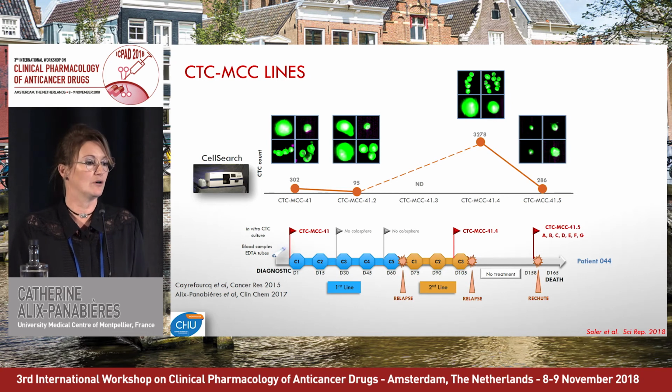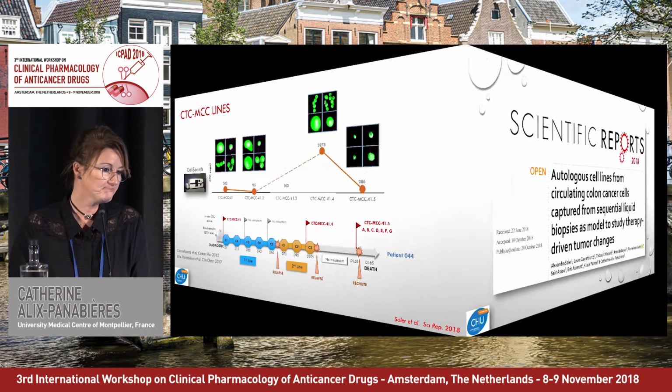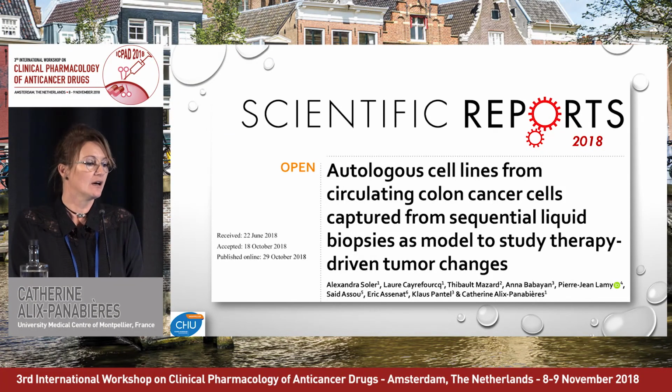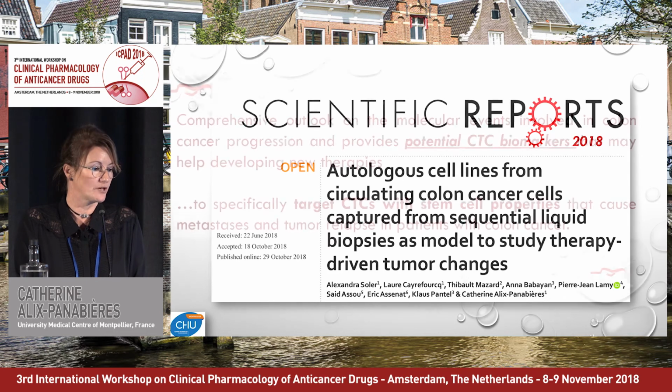That's why you have quite a high number of metastatic sites in the liver. So it was really a challenge to have a high number of CTCs in the peripheral blood to get these CTC lines. And it has just been published last week, the comparison and the characterization of these 9 CTC lines at baseline, but also through the treatment and cancer progression.